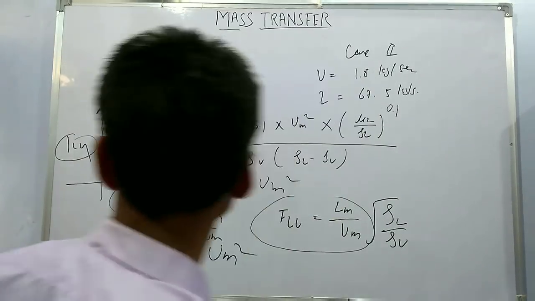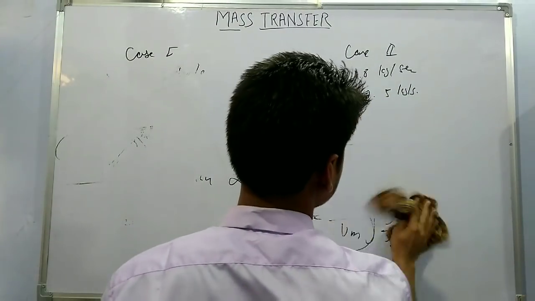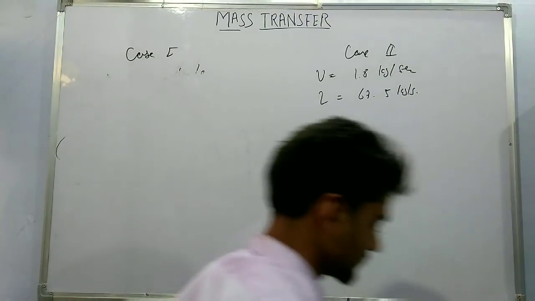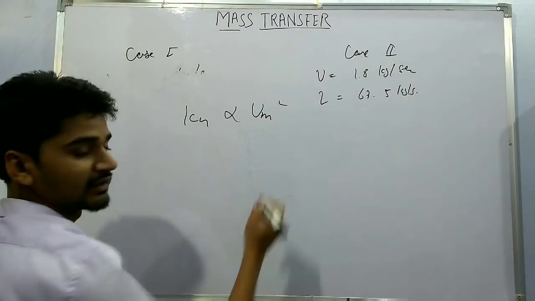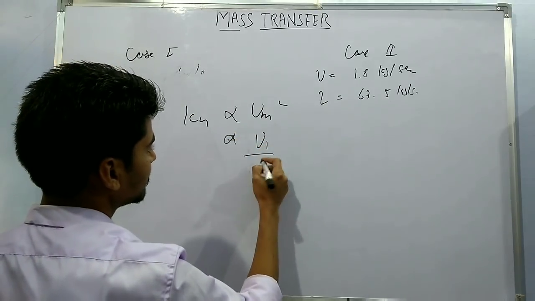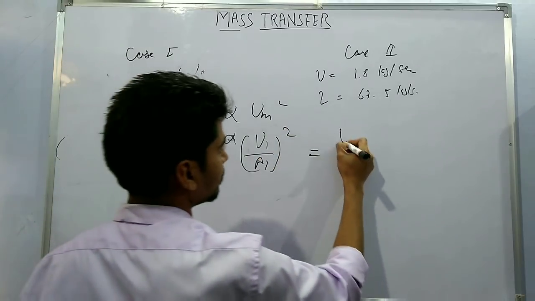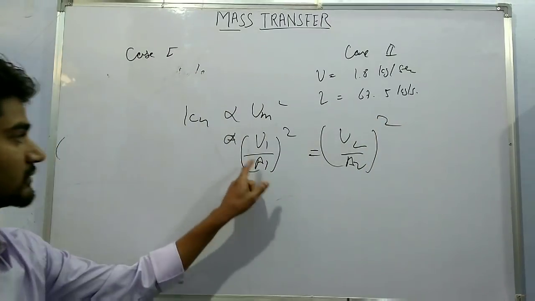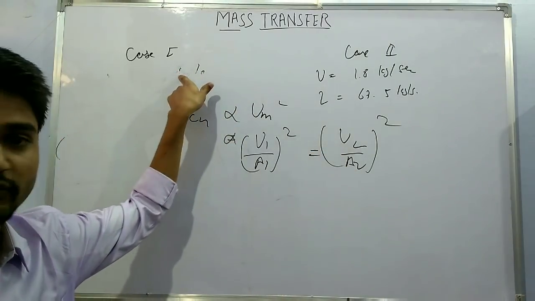So here we have K4 proportional to VM square. That can be written as V1 upon A1 square equals V2 upon A2 square. We have been provided with V1 and V2 for case 1 and case 2.